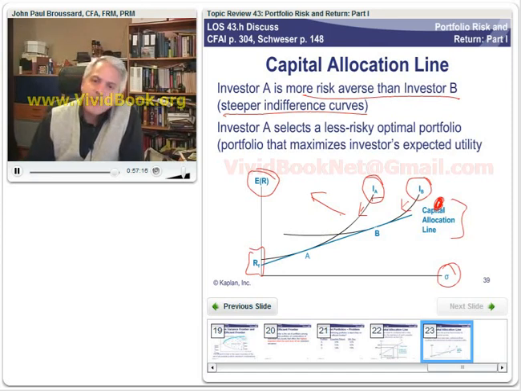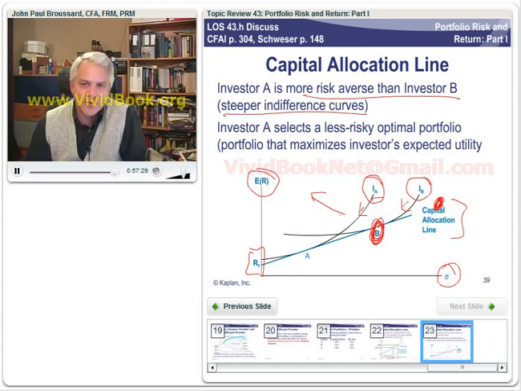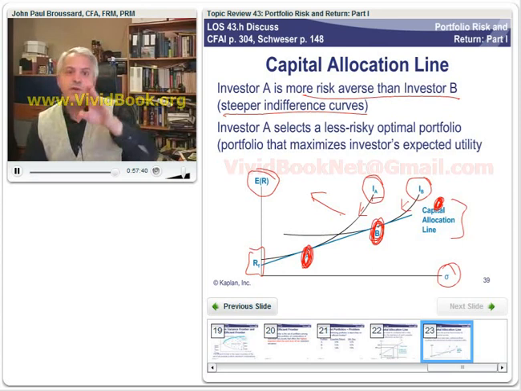The idea is that investor B is less risk averse, investor A is more risk averse, and what you'll see is that investor B will choose a portfolio that generates a greater return, but yet a higher amount of risk, whereas investor A is choosing a portfolio that generates less risk, but also less return.